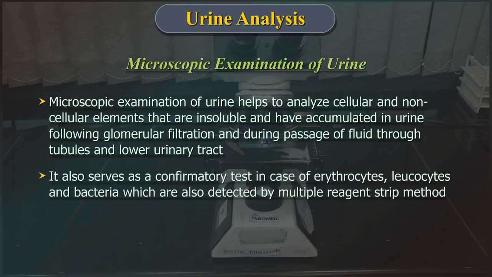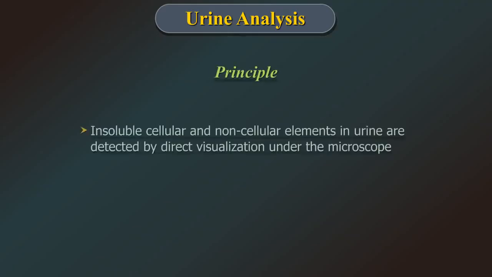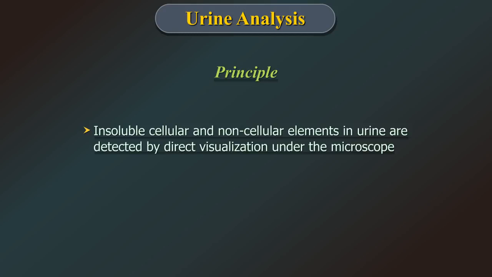It also serves as a confirmatory test in case of erythrocytes, leukocytes, and bacteria, which are also detected by the multiple reagent strip method. Principle: insoluble cellular and non-cellular elements in urine are detected by direct visualization under the microscope.